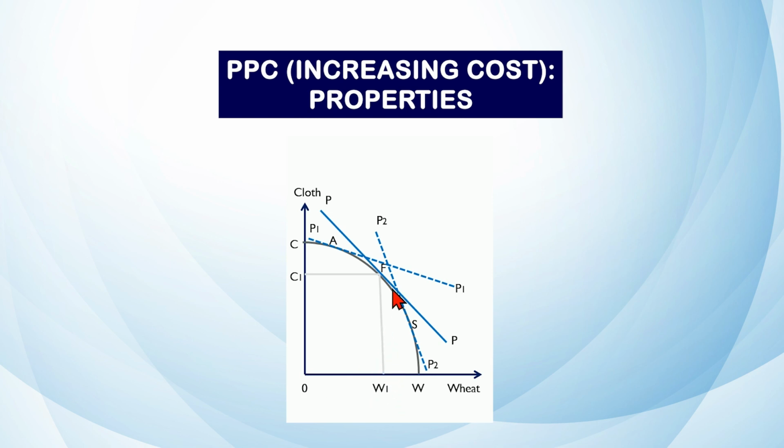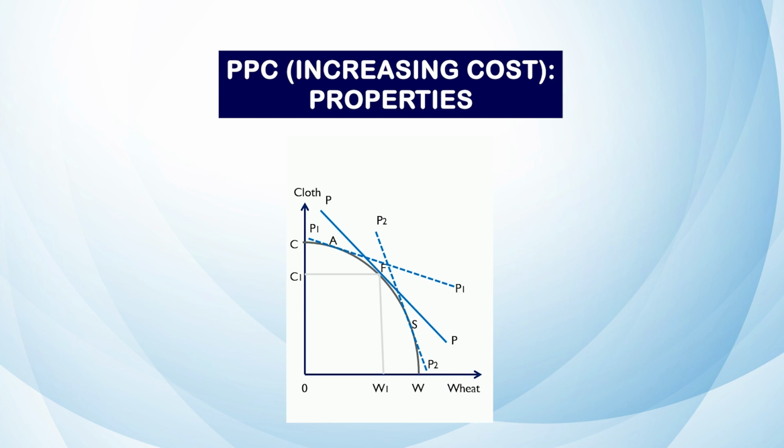Now what if the price ratio is not like PP, rather the price ratio is P2P2? Price ratio P2P2 means the price of wheat is more compared to PP. If that happens, what should I do?